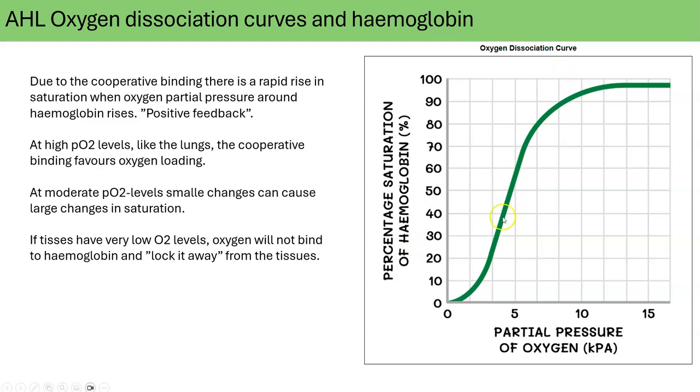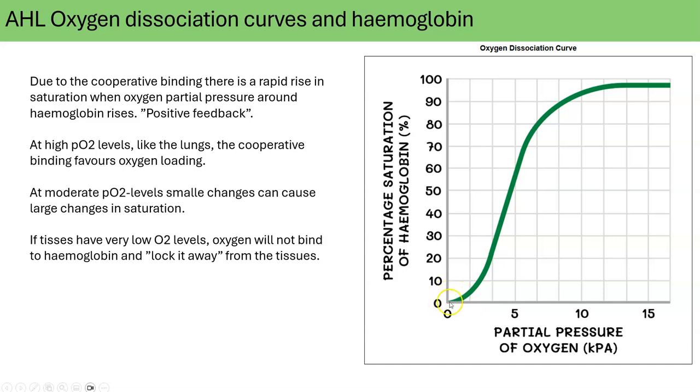However, when you get into moderate partial pressures of oxygen, small changes can lead to rapid changes in how saturated hemoglobin is, basically how much it loads O2 or how much it unloads it. And in low oxygen environments, such as respiring tissues, hemoglobin will be releasing a lot of this oxygen.